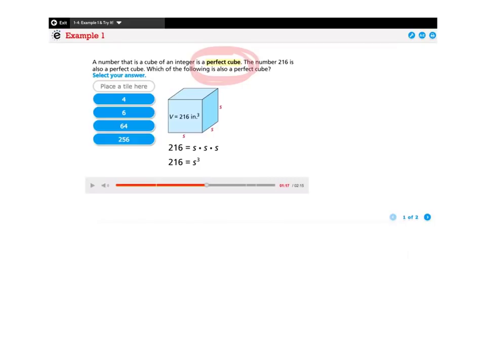The first thing, we get a nice whole number, or the second thing, we get a terrible, awful, very bad, irrational number. However, of these 4 ones that they have here, only one of them happens to be a perfect cube, and I believe that to be 64. So let's carry on.